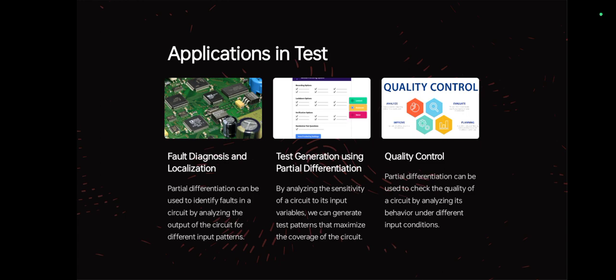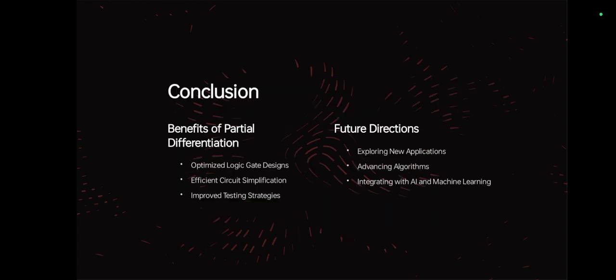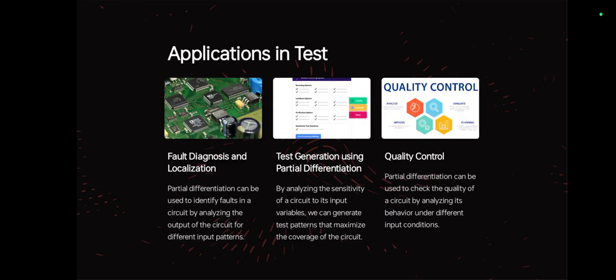Test generation using partial differentiation: by analyzing the sensitivity of a circuit to its input variables, we can generate test patterns that maximize the coverage of the circuit. Quality control: partial differentiation can be used to check the quality of a circuit by analyzing its behavior under different input conditions.